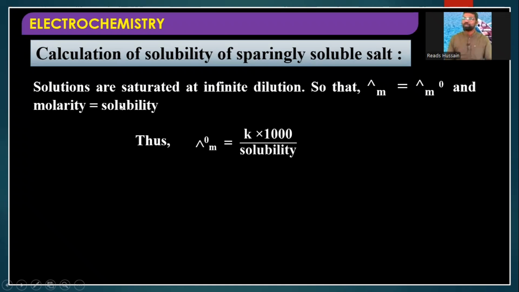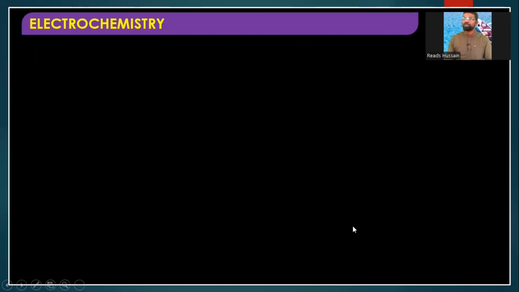Here in place of molarity we have taken solubility because molarity is equal to solubility. Or solubility is equal to K into 1000 by limiting molar conductance. So remember the second form or the first form. You can interchange both of these.